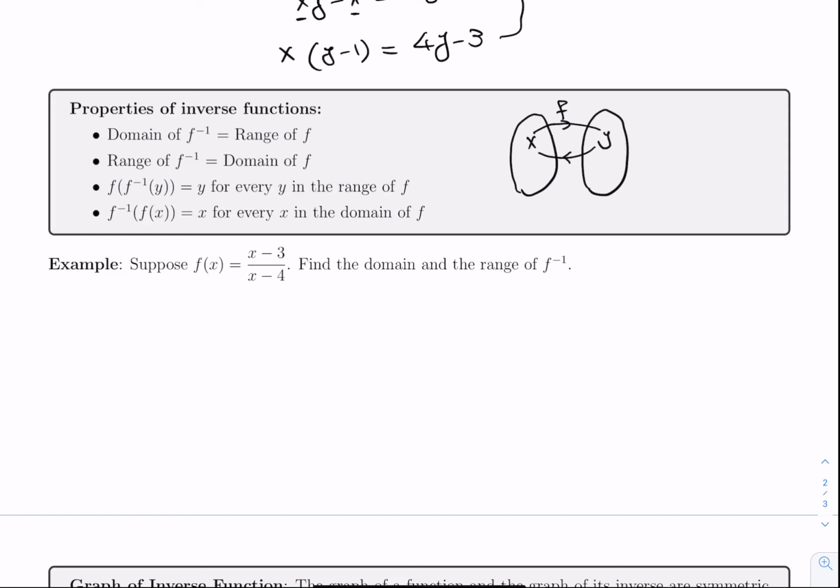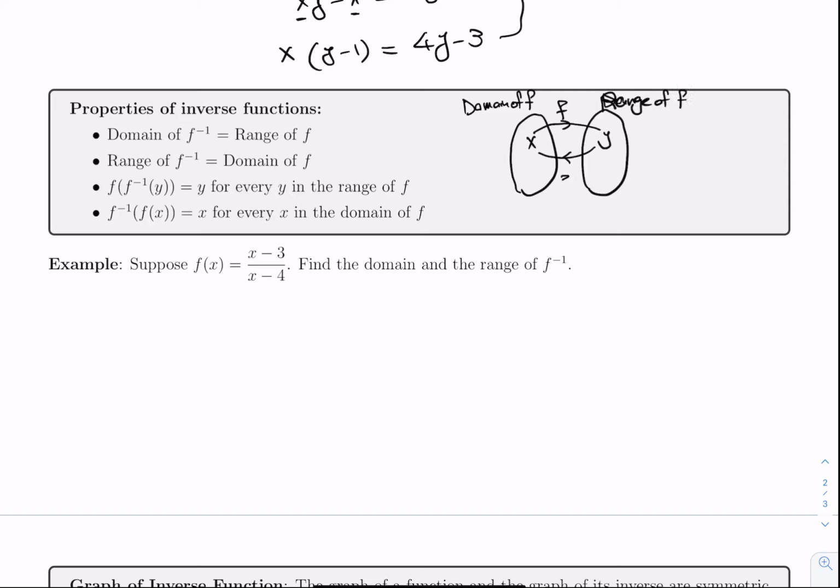The set of all x's forms the domain of f, and the set of all y's forms the range of f.